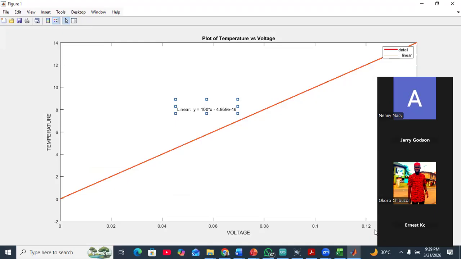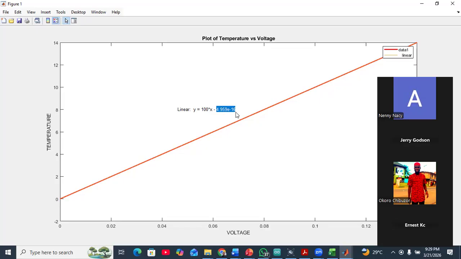After plotting, observe the graph to know whether it is linear or quadratic, how it is tending. You make an educated guess, and then you can see that this number is almost zero: 4.95 times 10 raised to the power minus 16. Is it not almost zero? Yes, sir, it is.